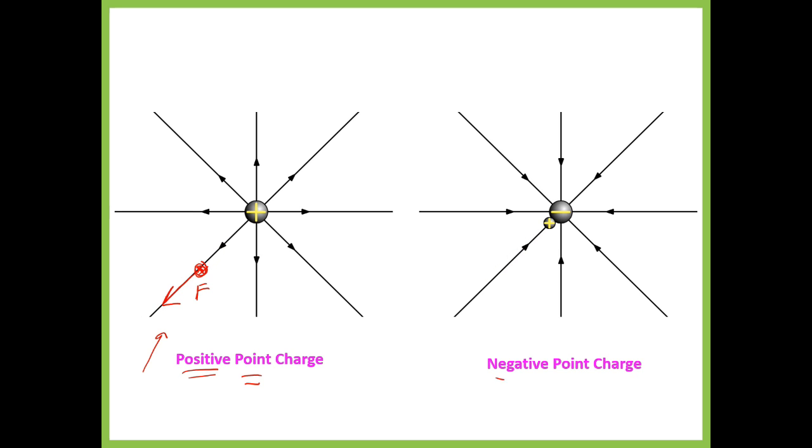If we focus on the negative point charge, the test charge will be attracted to the negative charge. So this positive test charge will be acting in this direction. In order to know the direction of electric field produced by these two point charges, that direction of force is taken to be the direction of electric field produced by the point charge.